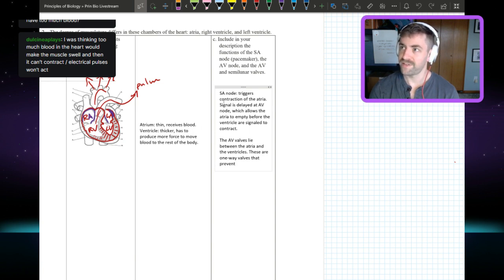Yeah, it's not really the fact of the blood being, well, yes, blood being in the heart is bad, mainly because it's not going where it's needed, and new blood can't get into that space. Cause the muscle swell, can't contract, electrical pulses won't act.